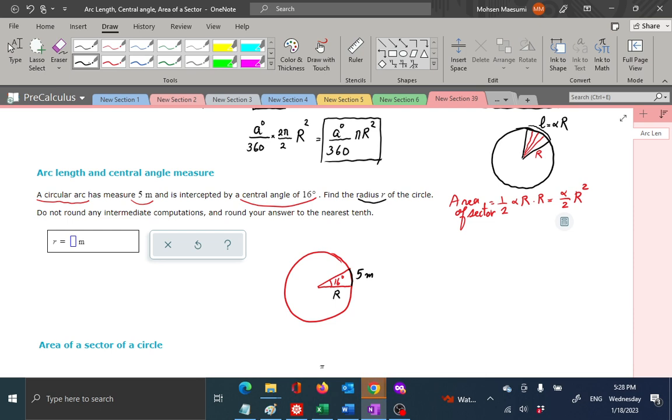What is the radius? So we have two numbers, the length of the arc, the central angle being 16 degrees, and we are after the radius. So how do we think about this thing? Well, remember that if it was 360 degrees, if I were to go around this whole circle, the length to go around it would have been 2 pi r.